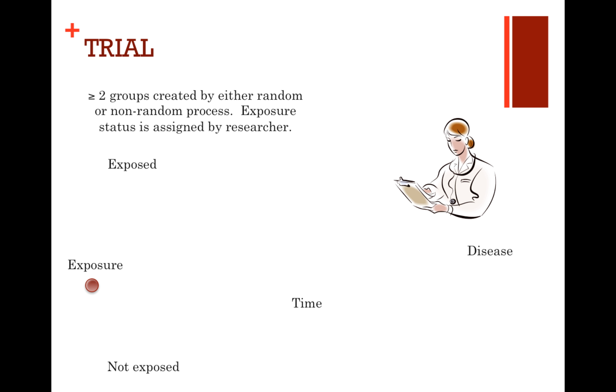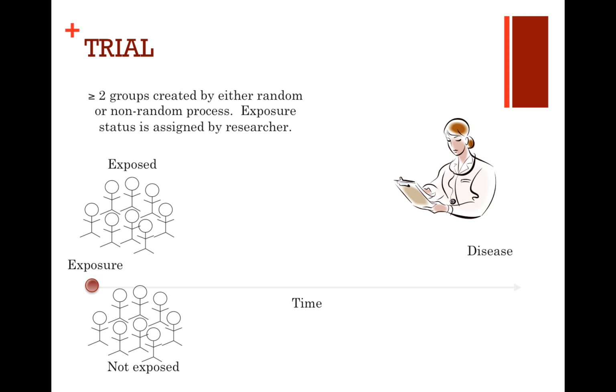So again, you have two or more groups created either by a random or non-random selection process, and then you're assigning them to be exposed or unexposed and following them forward in time. So these are all people who should be disease or outcome free, and you're telling them what their exposure will be. So even if they're currently exposed or unexposed, you're altering that.